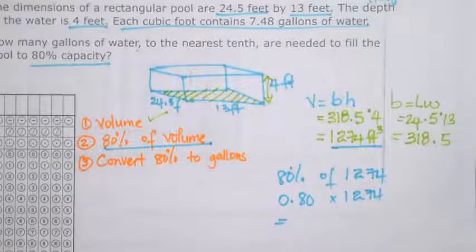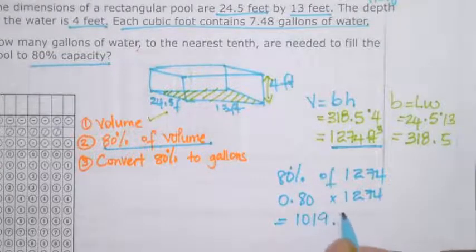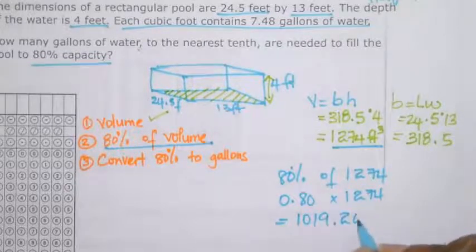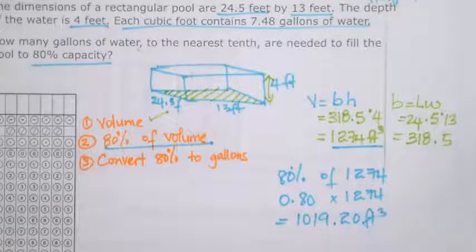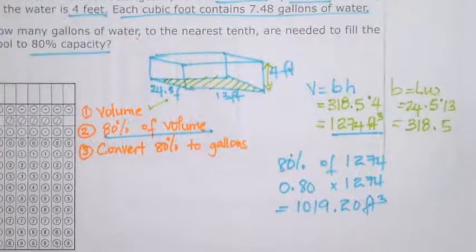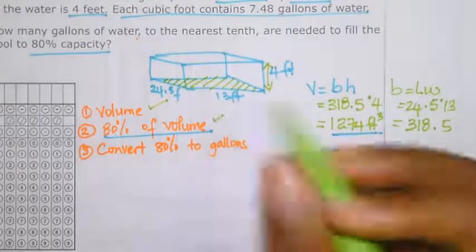So it's going to be 0.8 times 1,274, which gives us 1,019.2, or 1,019.20 feet cubed. So that's the second thing that we did, so we can mark that off.